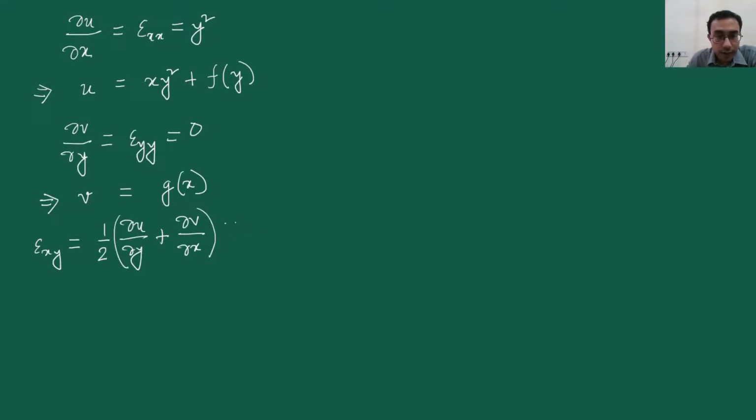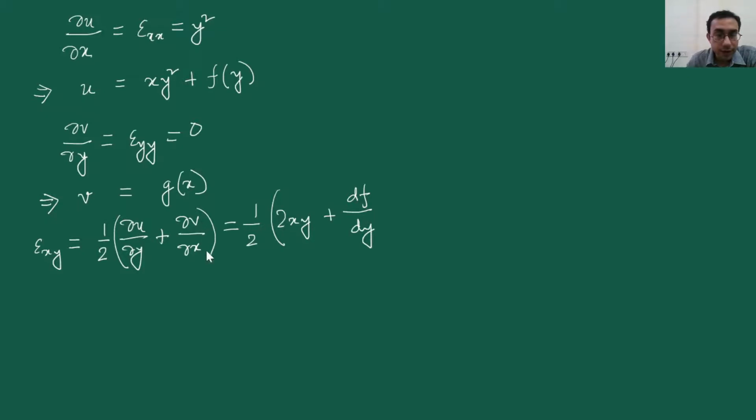If we substitute these expressions of u and v here, we obtain half of, so the del u del y from here will give us twice xy plus df dy. Please note very carefully that I am not writing a partial derivative here. This is an ordinary derivative because f is a pure function of y.